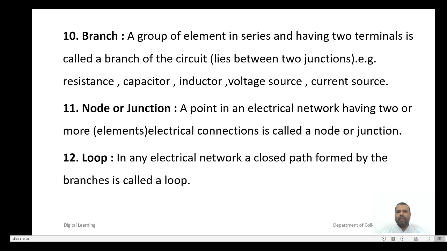A point in an electrical network having two or more elements or electrical connections is called a node or junction.